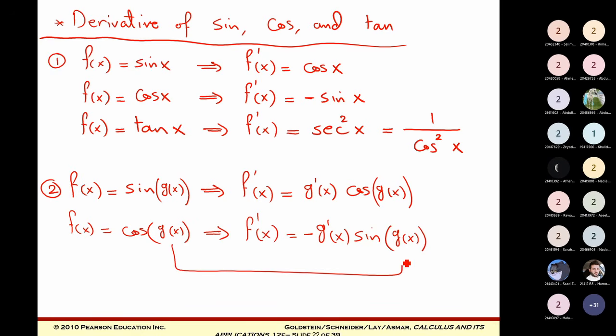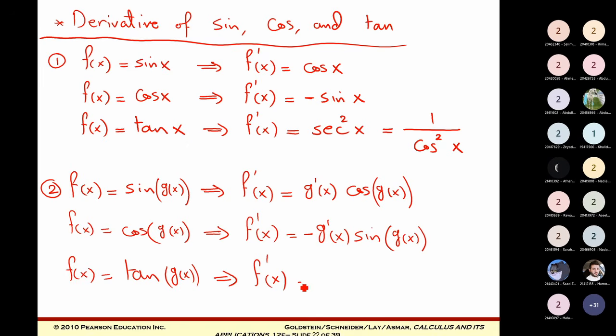Look, the same angle. If we have tan g x, now the derivative of the angle g prime and the derivative of tan, secant square, and put it the same angle without any change.